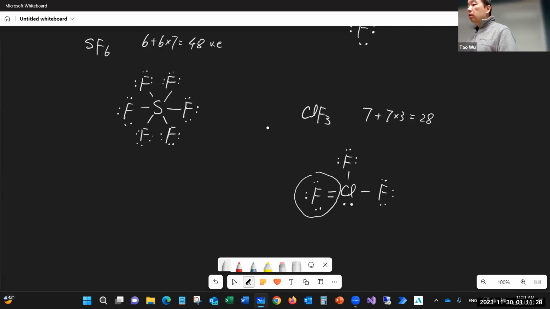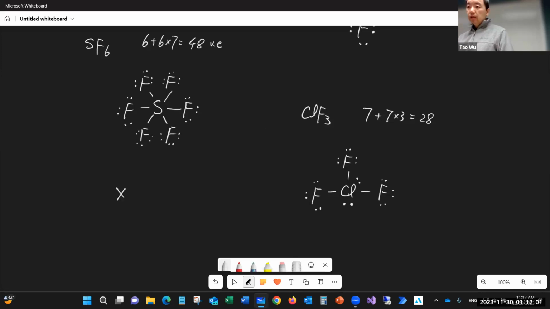That doesn't make sense, right? Because the side atom always follows 8 electrons. So this is impossible for fluorine because it's already extra. This is not an exception, because if we have an exception, it's only for the central atom. So fluorine cannot have double bonds. Instead they have just single bonds, and then you put the extra in the center. That's it.